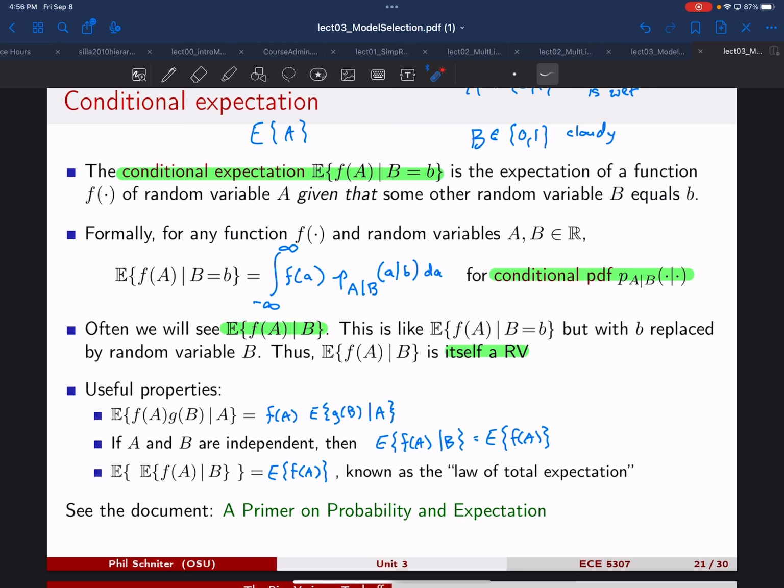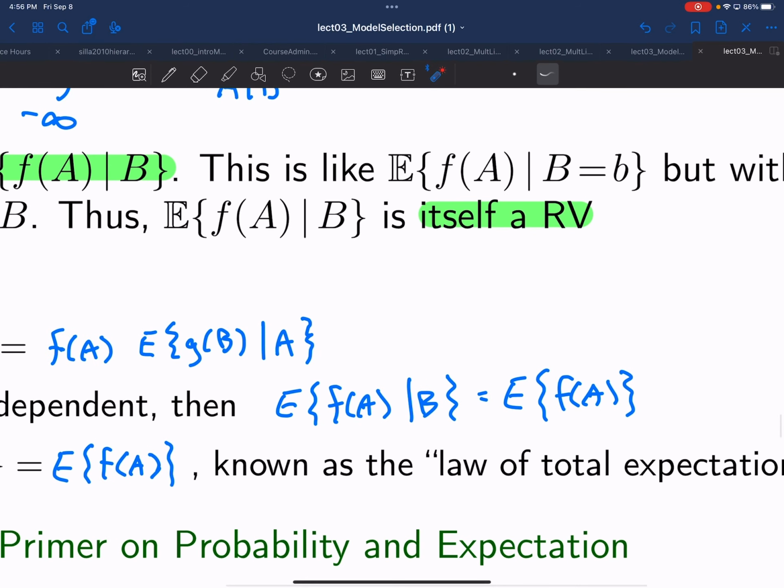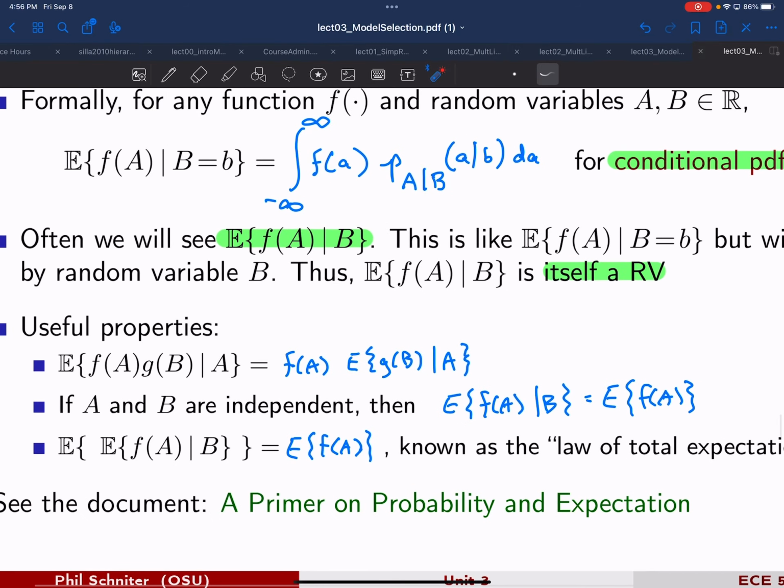Yes. Where'd you get that equation? Because you said the expected value of the expected value is equal to E of A. Are we talking about the second bullet or the third? The second bullet. Okay. I don't know. I mean, these are different ideas, so I don't think you need to try to connect them.